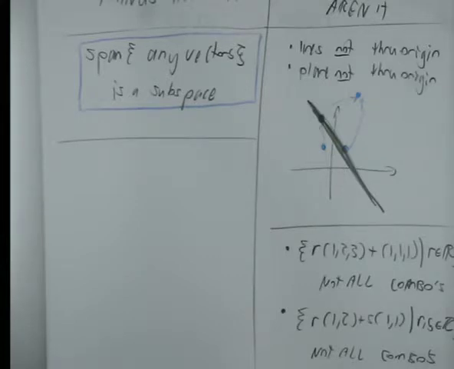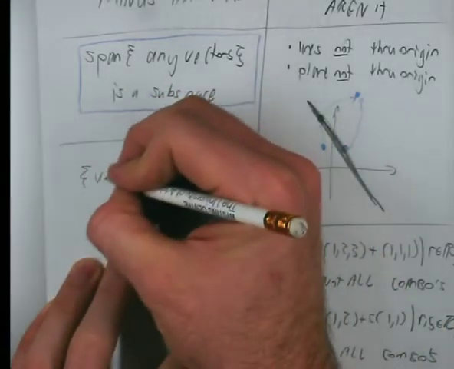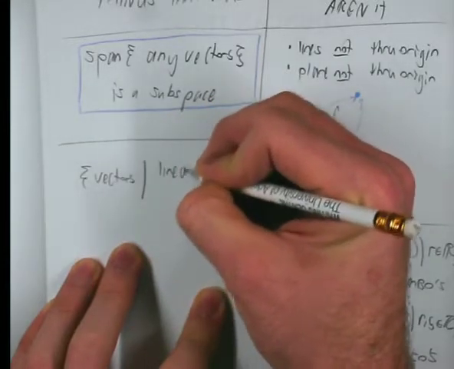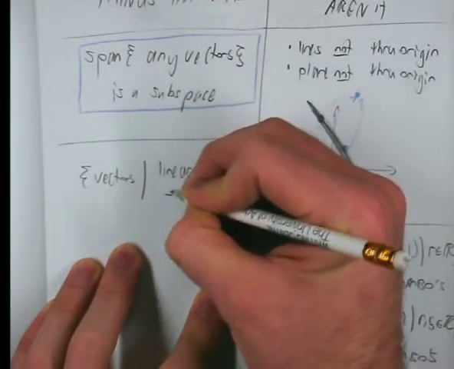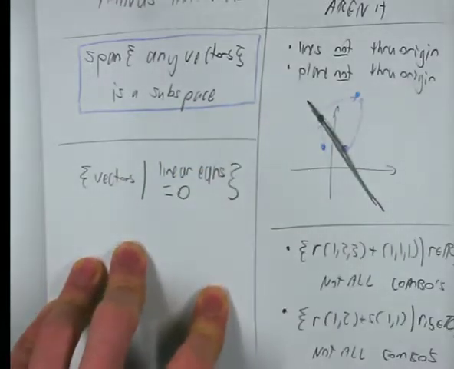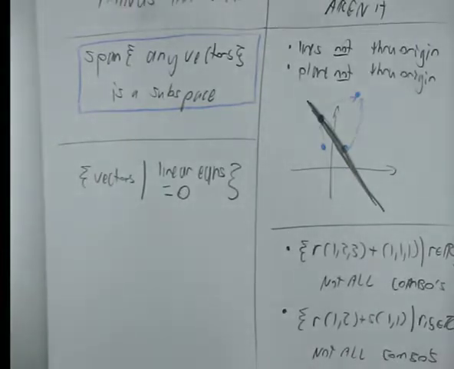And that is also something in your notes. Okay, so if it's, you know, vectors such that linear equations that are equal to 0, like homogeneous linear equations, then this must be a subspace, okay?